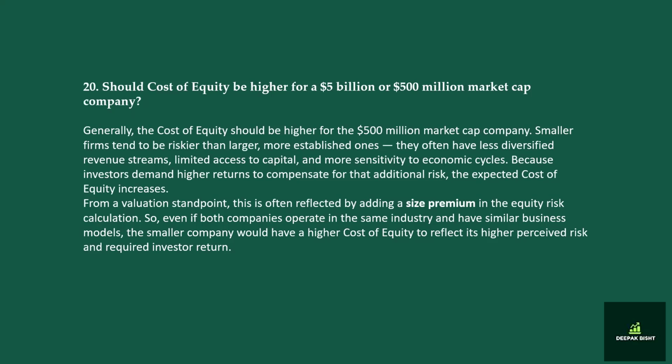So if your revenue is coming from a single client, it is a less diversified stream of revenue. Also lower access to the capital markets, which makes it hard to raise funds during downturns.